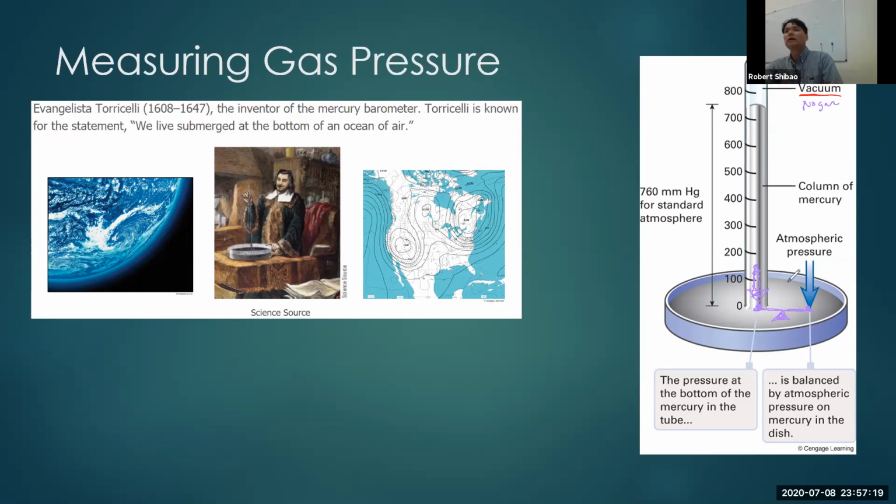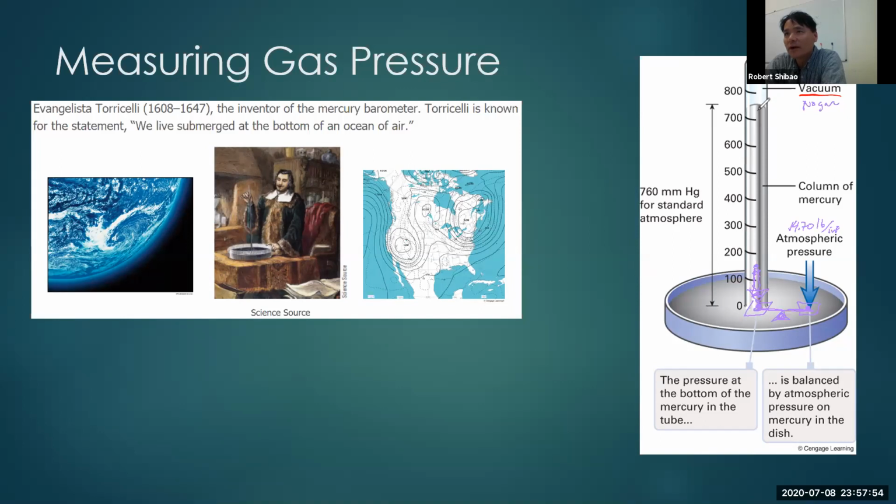In other words, if we're at the equator down here on an average day, then the atmospheric pressure on an average day is 14.7 pounds per square inch. If I take a square inch of this, there's 14.7 pounds sitting on that. That must mean this column of mercury must weigh 14.7 pounds per square inch as well. That means I have to fill it up with a lot of mercury.